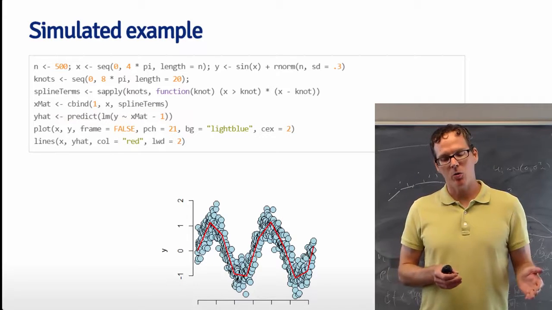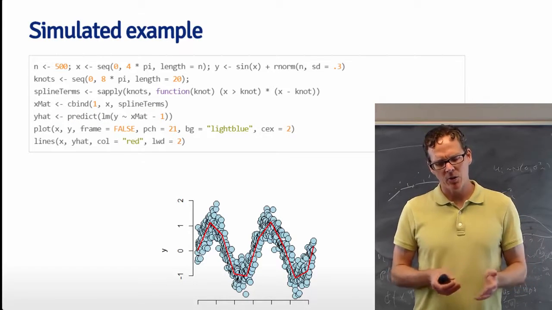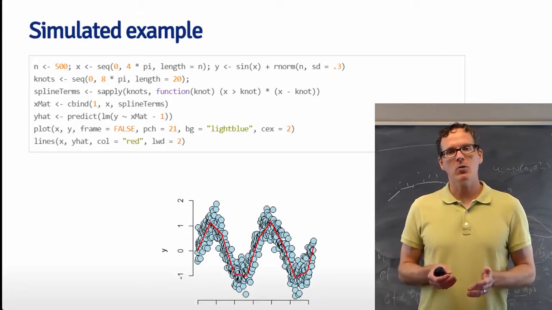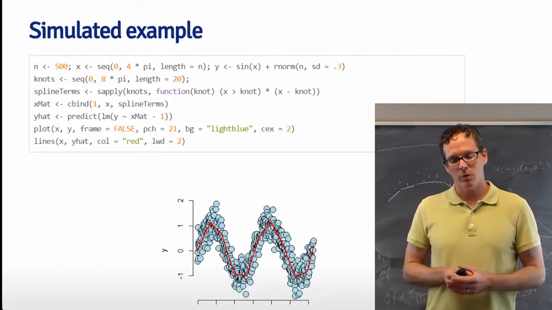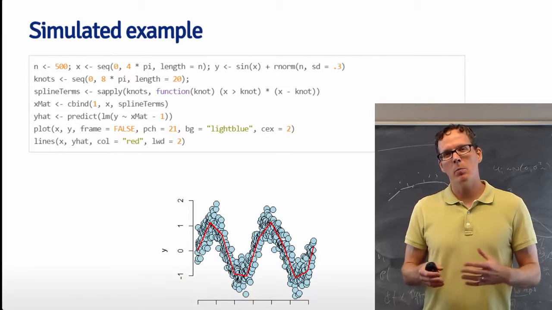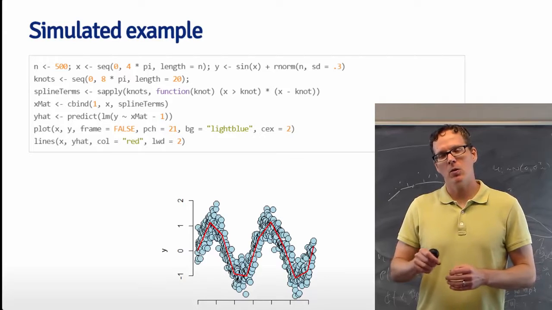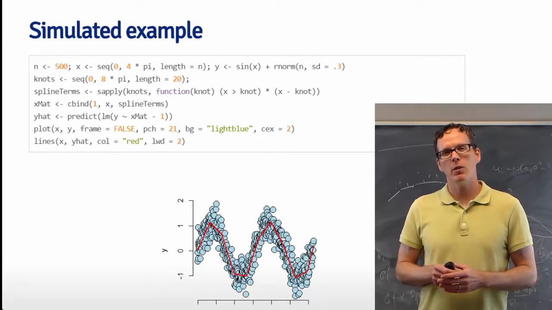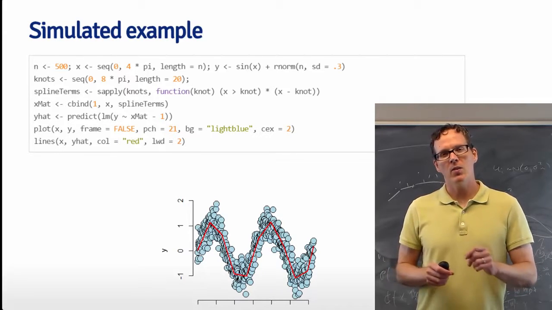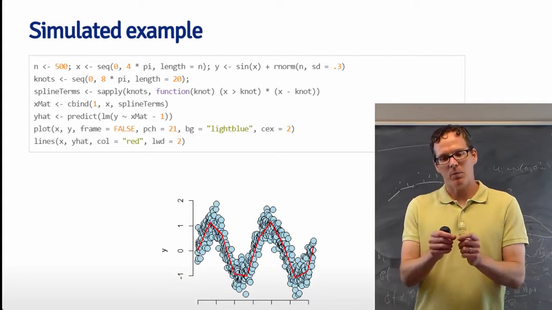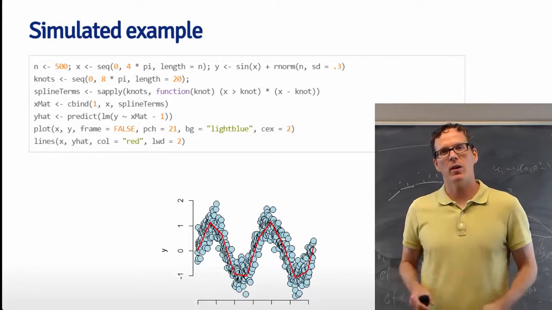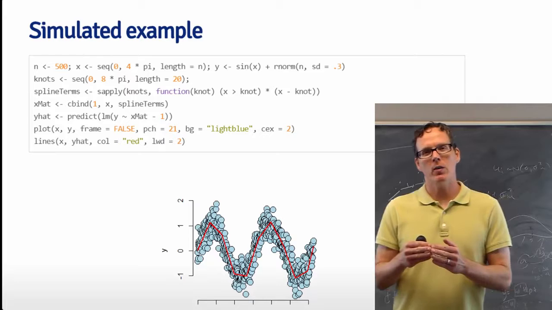Then I show my fitted plot, and you can see it looks pretty good. It actually fits the sine curve fairly well. The only thing that's a little bothersome is that we know the sine curve that we're trying to fit is likely kind of smooth, and this is very sharp at these knot points.